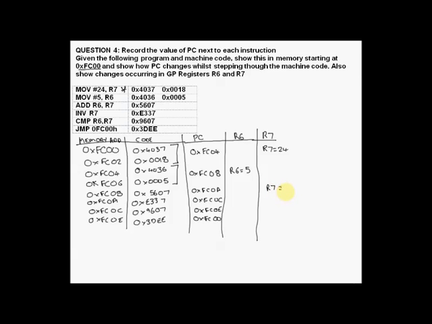So R7 is equal to 29. We're then inverting R7, so swapping all the bits. So R7 is equal to 0xFFE2. So if the bit was a 1, it becomes a 0. If the bit was a 0, it becomes a 1. We want to compare them. So we don't actually update anything when we compare them, and we don't actually update anything on a jump either.